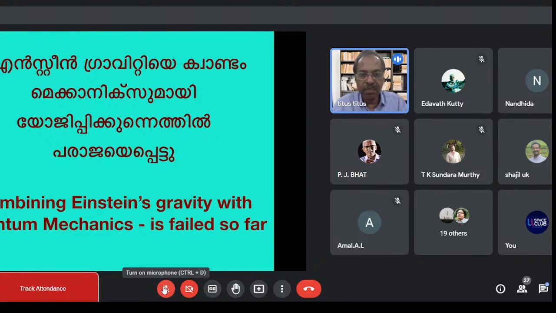Otherwise, we can't study or understand the properties of gravity when the gravitational influence is so high. For example, you want to understand black holes, where the intensity of gravity is too high. You can't understand such situations without unifying gravity with quantum mechanics.